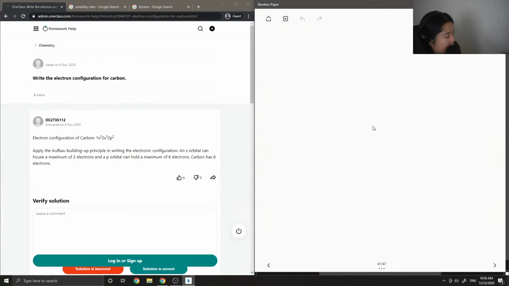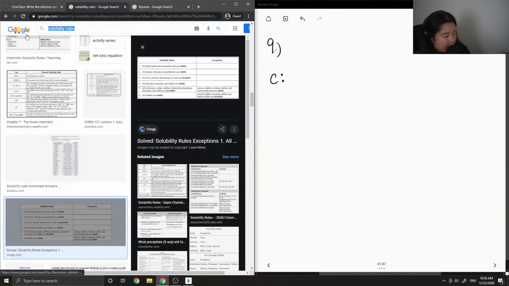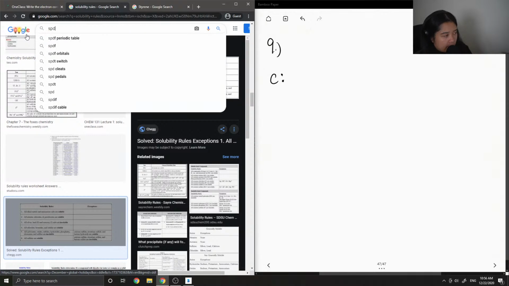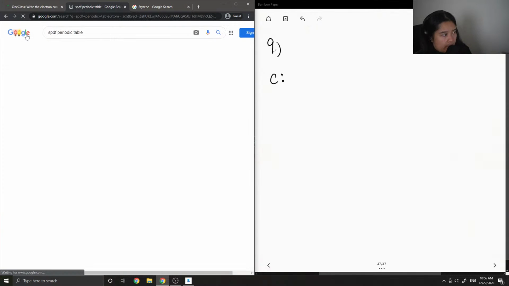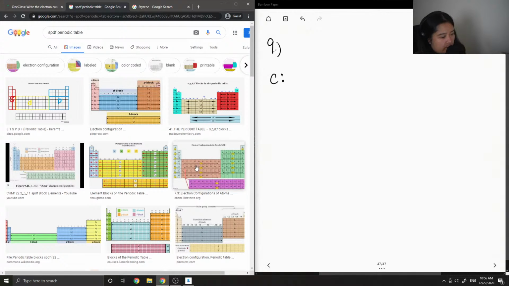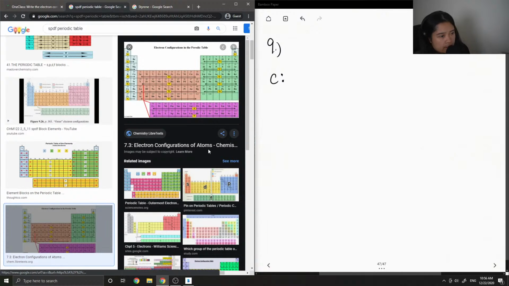Okay, so question 9 just says to write the electron configuration for carbon. So first I'll just look up the periodic table when it is separated into the different blocks. And if we find carbon, which is atomic number 6, we can try to write out the electron configuration.